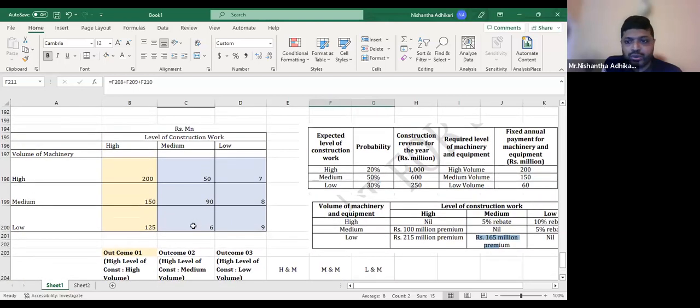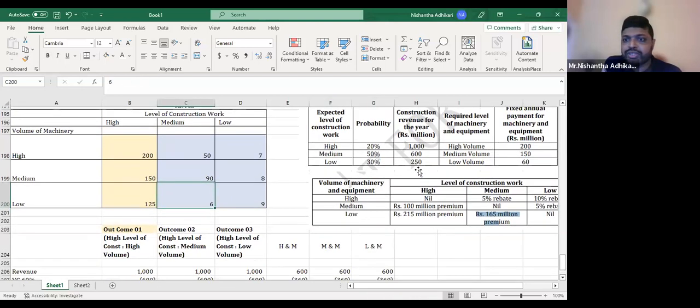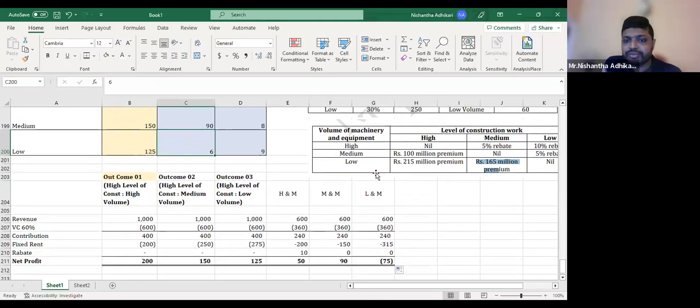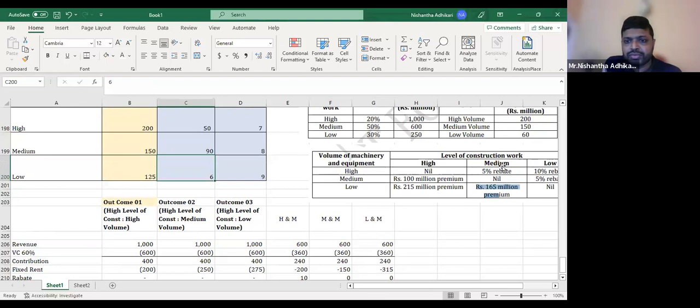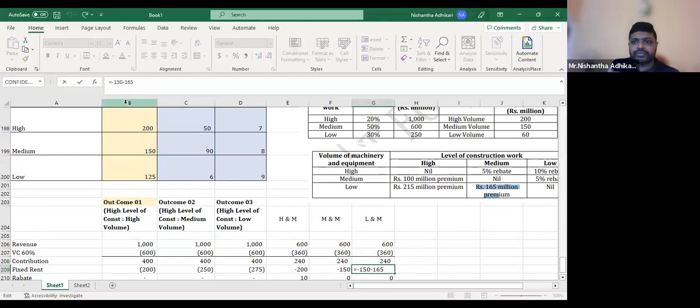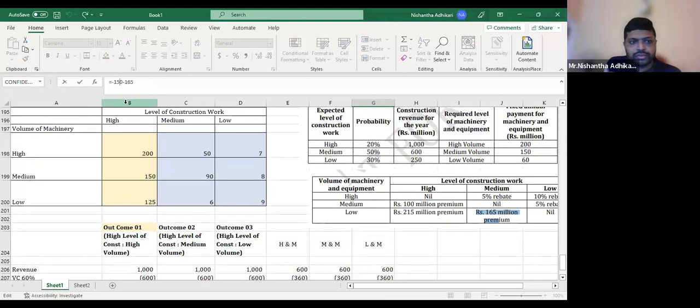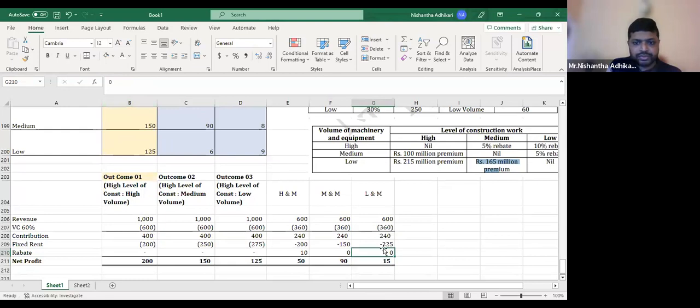Volume of machinery low, level of construction work medium. It's 15. Yes, it should be 15.